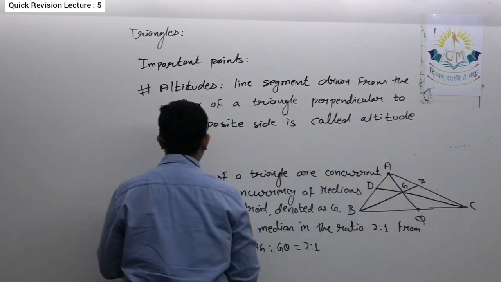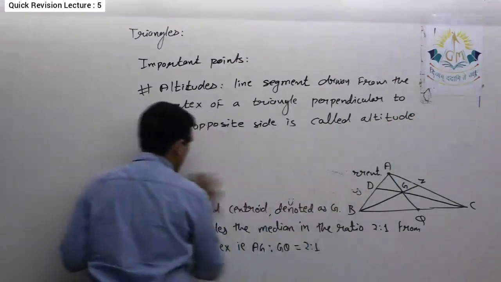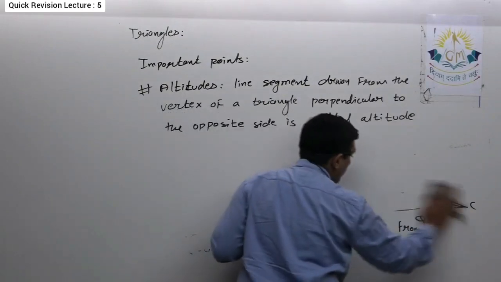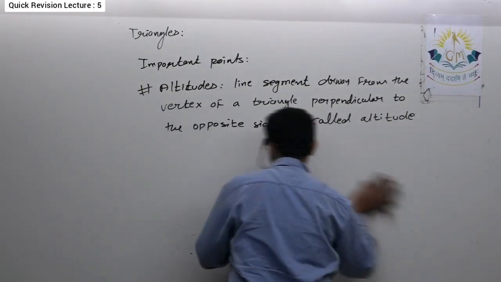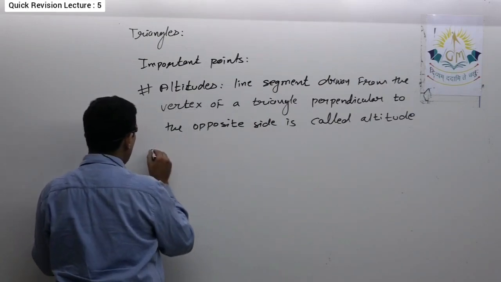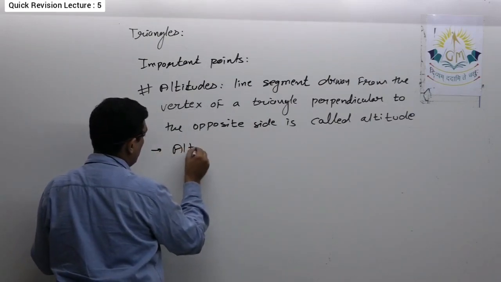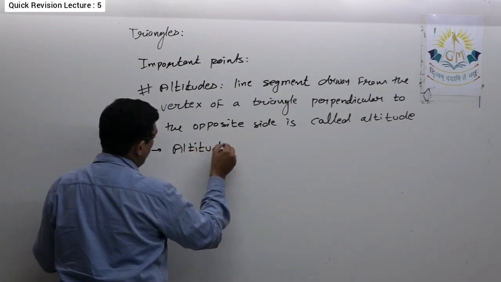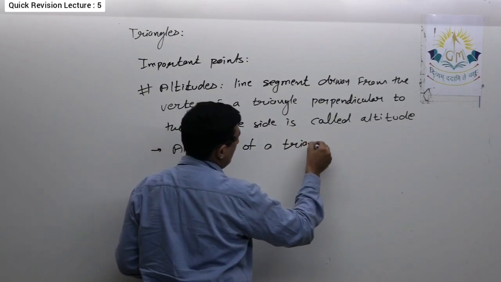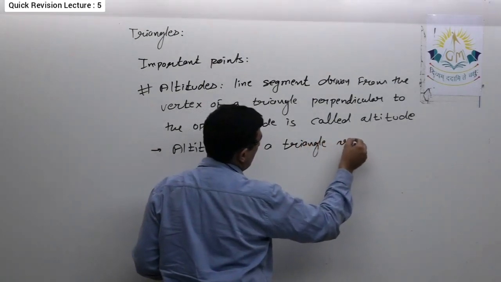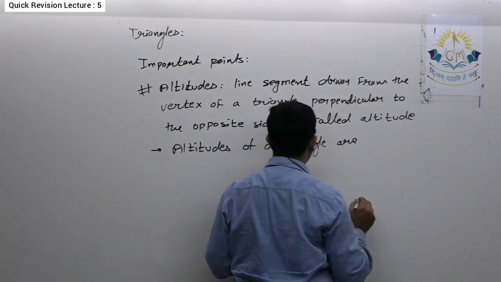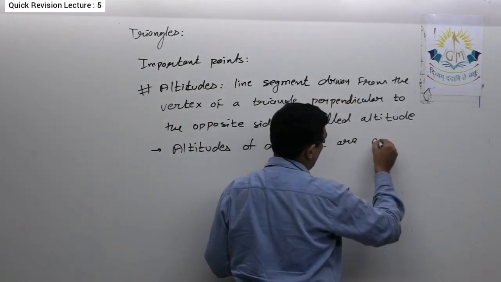Now a triangle has three vertices, so there are three altitudes. Altitudes of a triangle are concurrent.